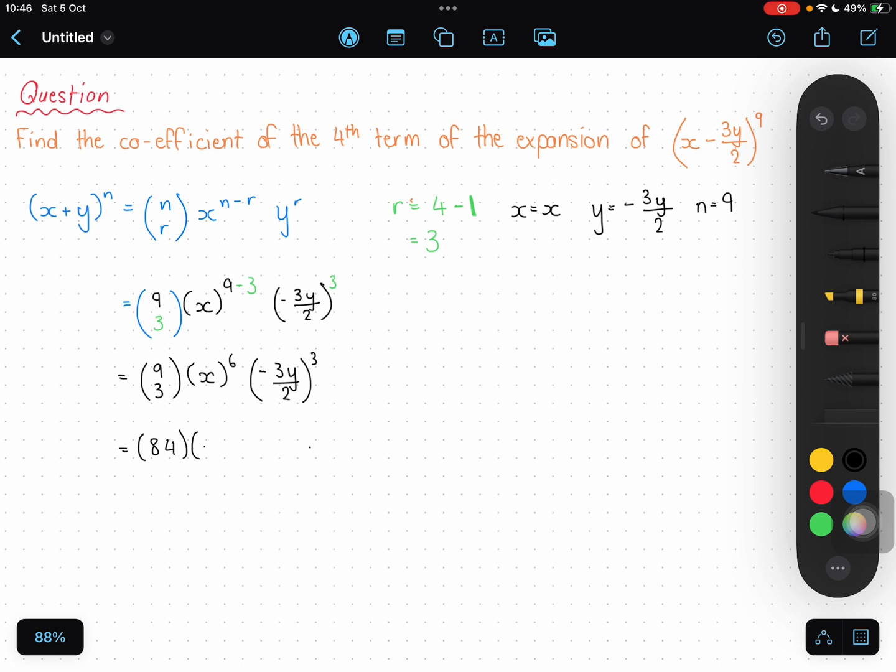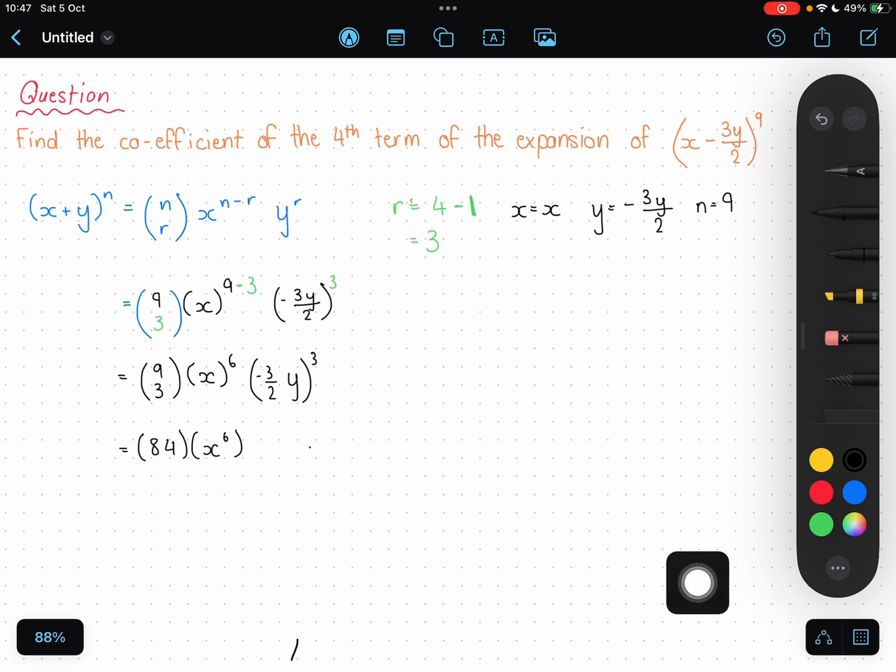Okay, x to the power of 6. There's nothing in front of that that needs to be changed. Okay, and then my minus 3y over 2 to the power of 3. Okay, so I need to type in the coefficient of the y into my calculator to the power of 3. So just remember that what's inside that bracket is the same as a minus 3 over 2 times y.